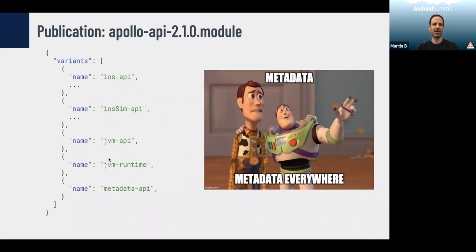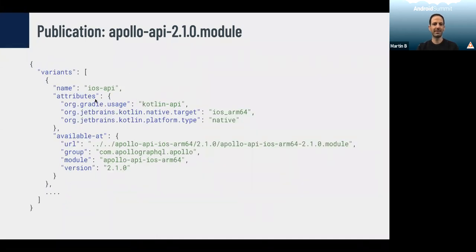If you look inside, you have all your different platforms, and you can think of it a little bit as symlinks. If you deep dive a little bit, the iOS API variant will link to the iOS ARM64 module for the iOS real devices.